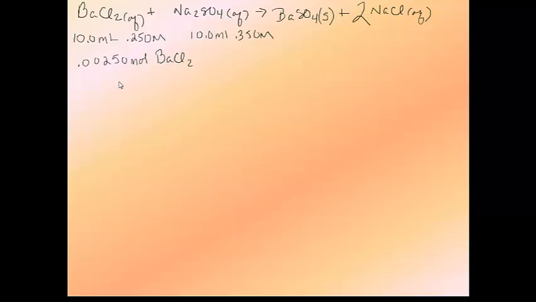From the formula of the compound, I have barium ions floating in the solution before I mix it, and the chloride is one of the spectator ions, but for every 1 mole of compound I have 2 moles of the chloride ion.